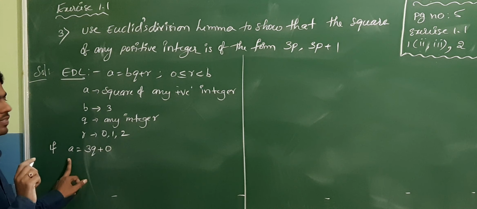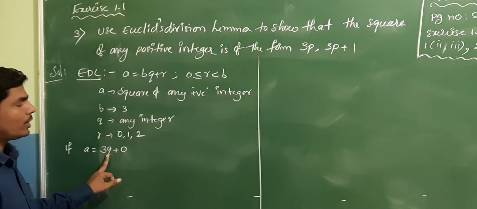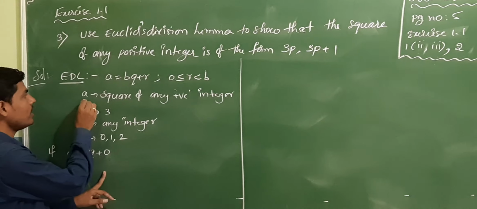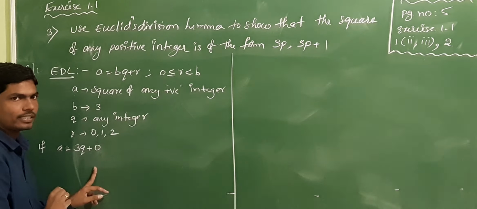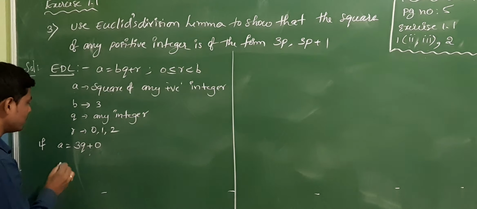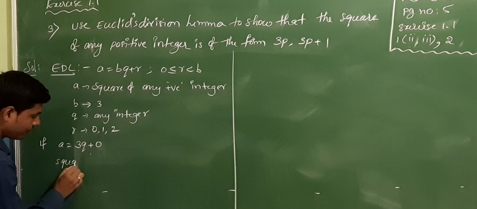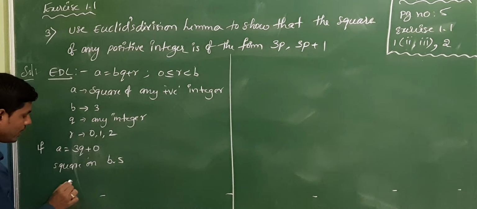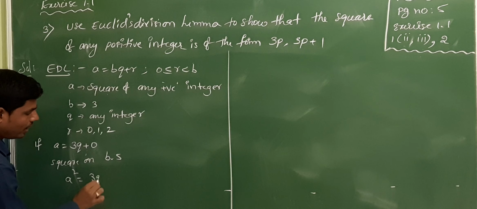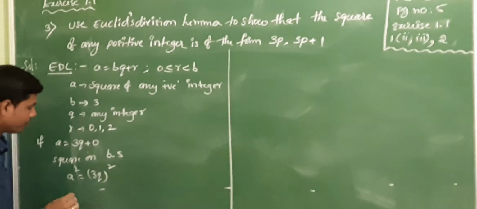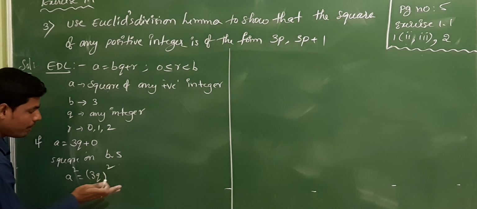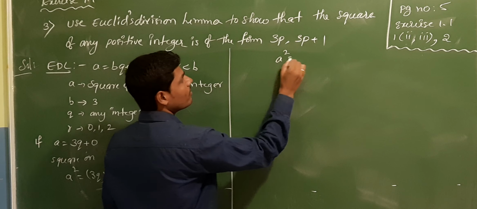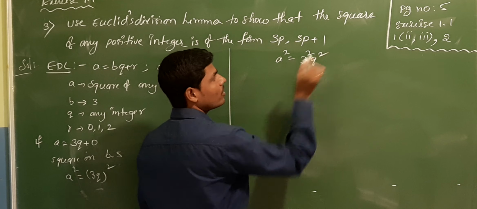First, take the first one. a is equal to 3q plus 0, if the remainder is 0. Now, what is a? The square of any positive integer. Take square on both sides. a square is equal to 3q whole square, which means a square is equal to 3 square q square.